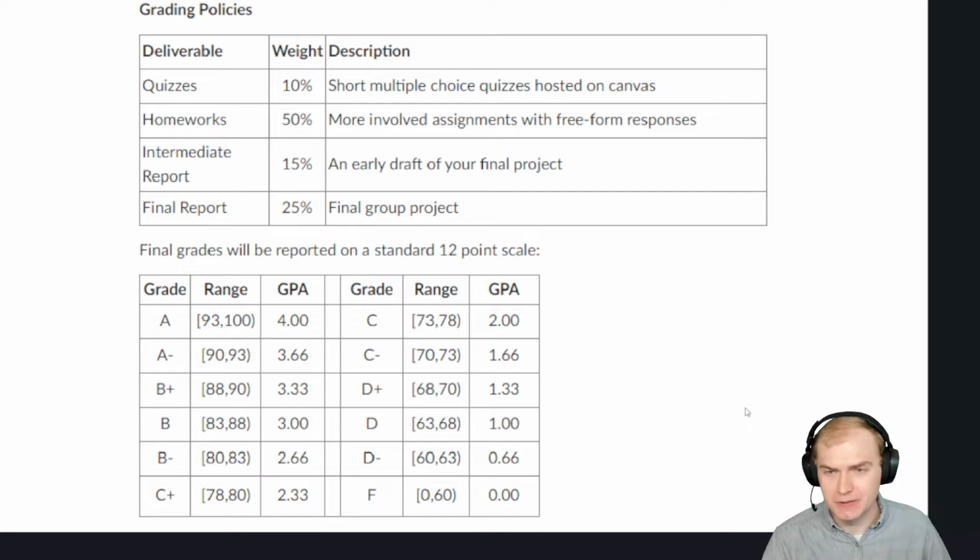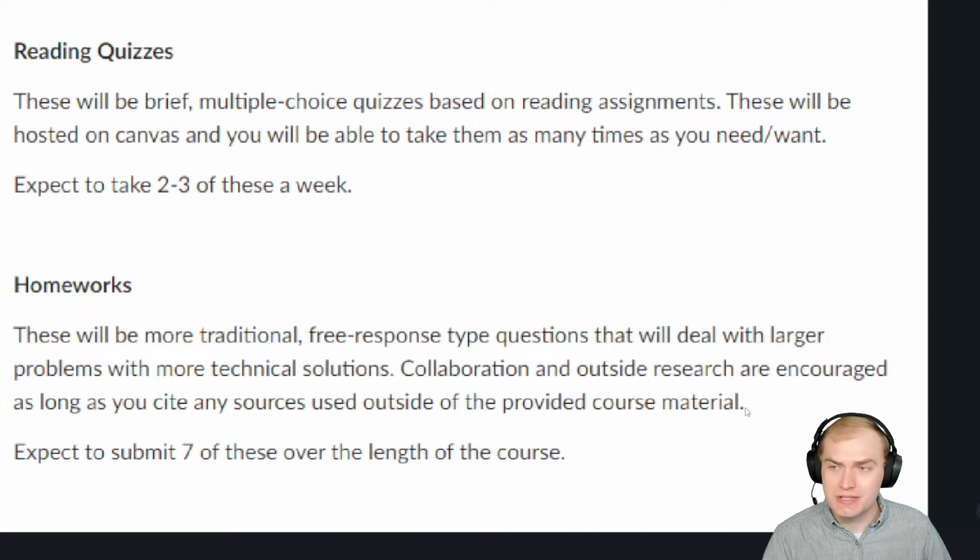And there's my grading scale, pretty standard. Reading quizzes. Well, before I talk about that, this is a summer course. So instead of the 16 weeks that a regular semester has, we have 6 weeks. And we have to cover the same amount of material with about the same amount of graded content. So it's going to feel like there's a lot of assignments.